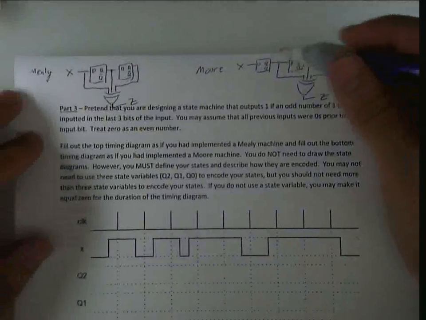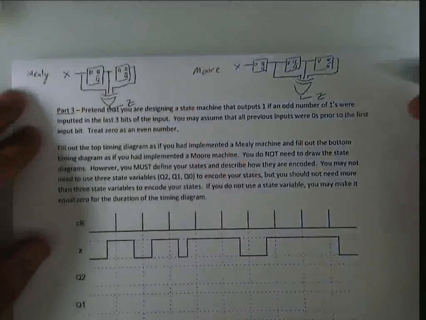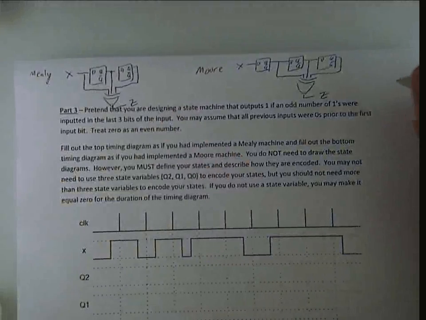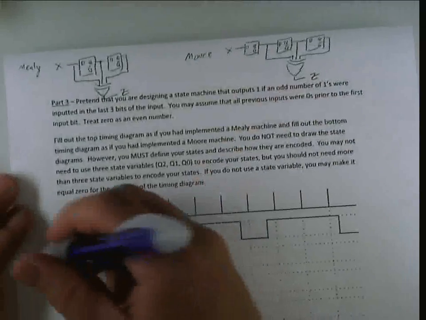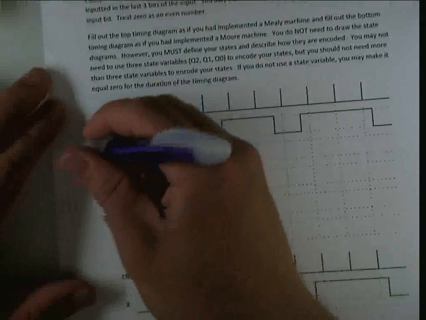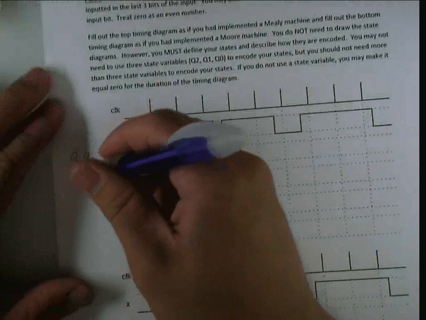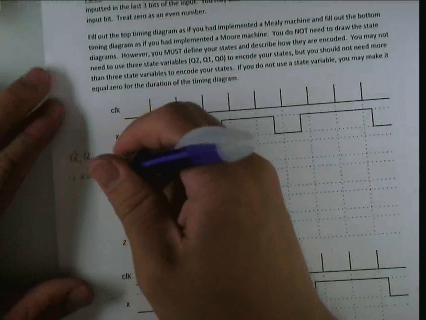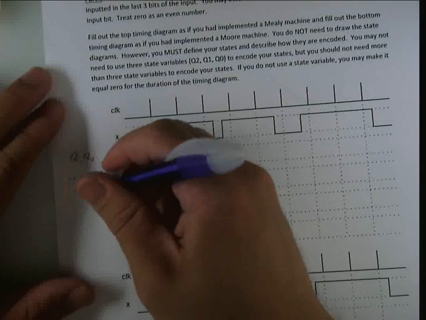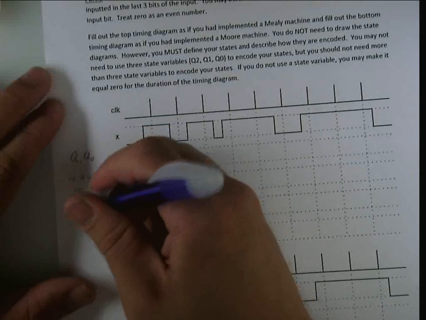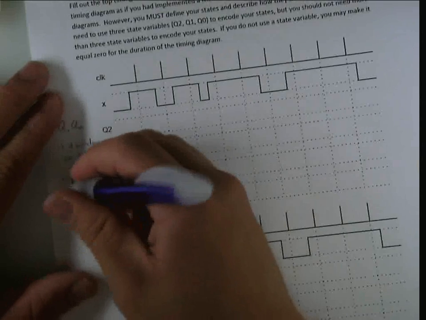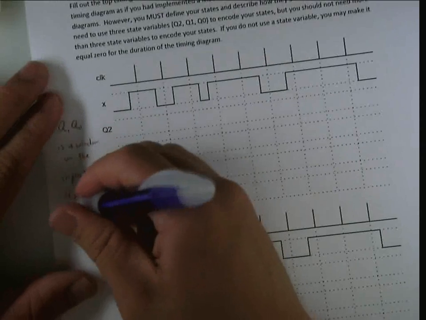So this is our Moore implementation, this is our Mealy implementation, and our state is basically the window on the input. So here, Q1, Q0 is a window on the input. Q2 is unused.